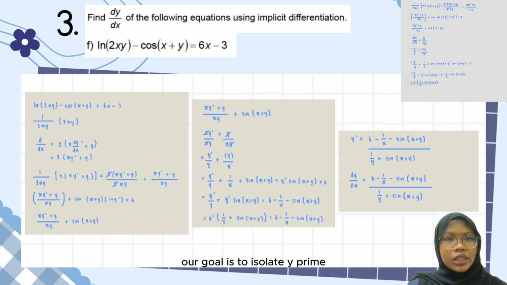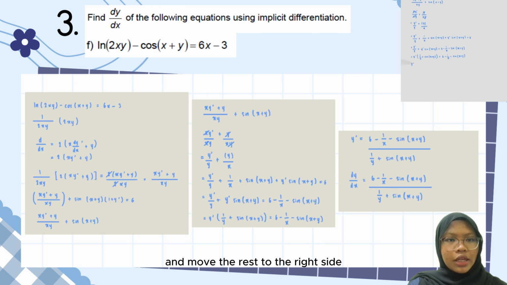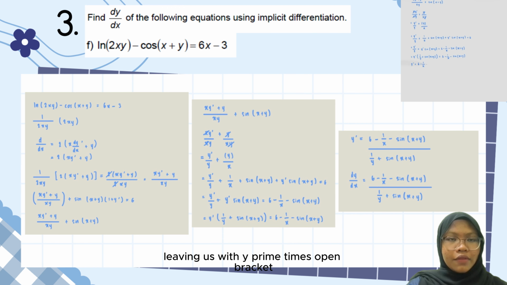From here, our goal is to isolate y'. So let's group all terms with y' on the left side and move the rest to the right side. Now, we can factor out y', leaving us with y' times (1/y + sin(x+y)).